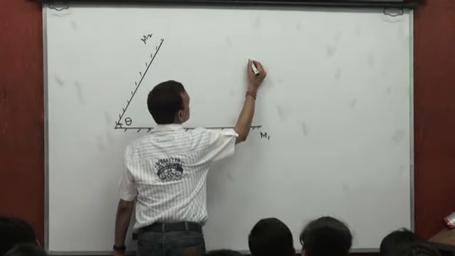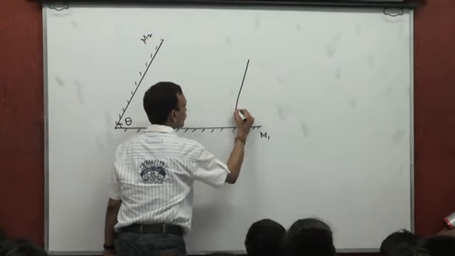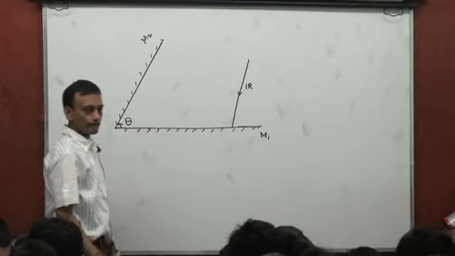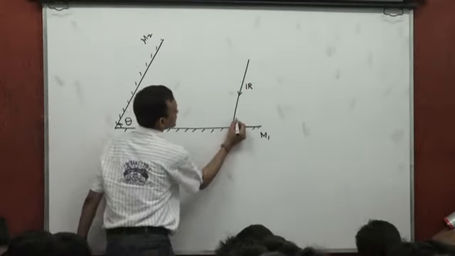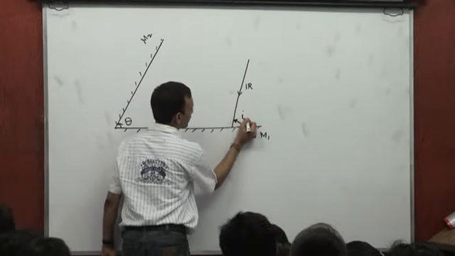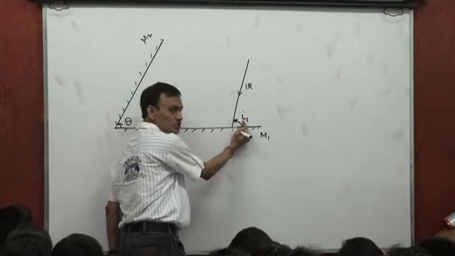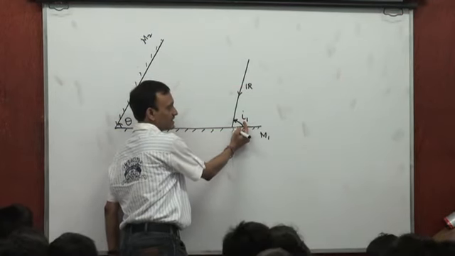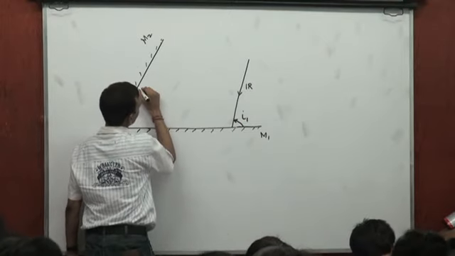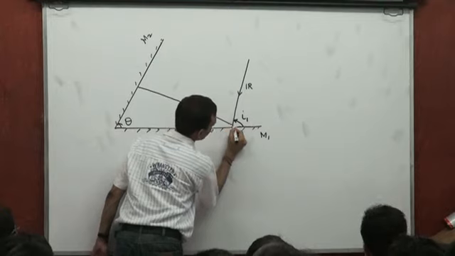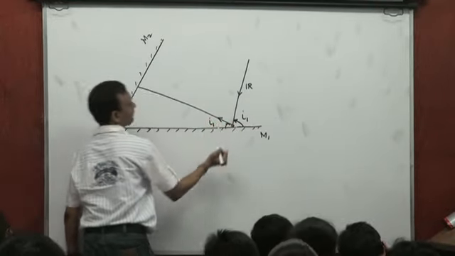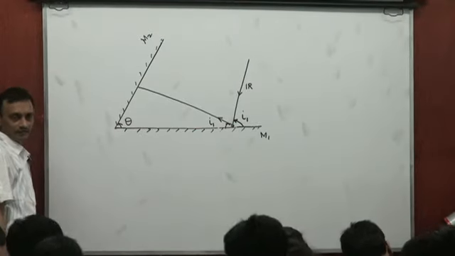Let's say there is an incident ray, IR, incident at a grazing angle, I1. This is not the angle of incidence, this is the grazing angle of incidence. It then gets reflected from M1, and this angle, by the way, will also be I1, right?